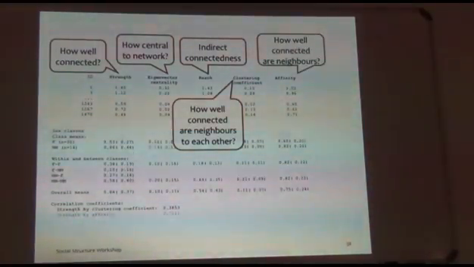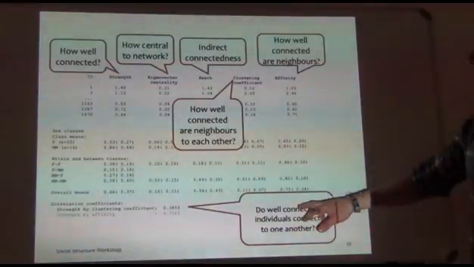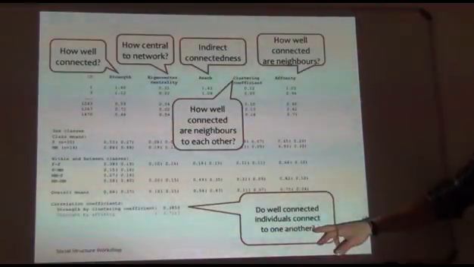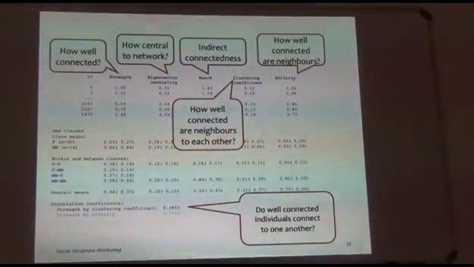And here, how well connected are the neighbors. And again, how do well-connected individuals connect to one another? That's what you're trying to ask with this combination here. So to run this in Sociprog, you click three buttons, and you get all of this information.